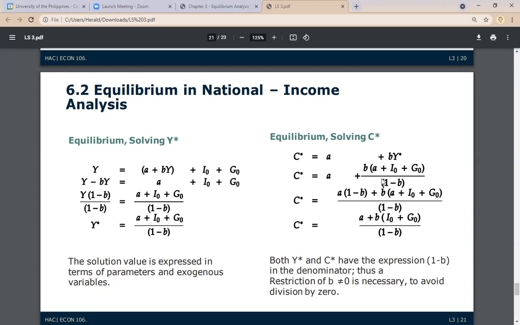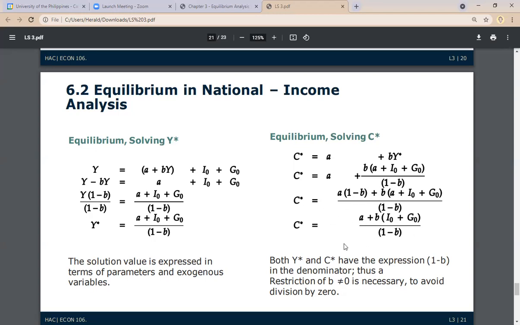The problem we might encounter, class, in solving a national income analysis is that it involves many parameters. So we should be reminded on how to manipulate or to simplify parameters, just like what we did here with C star.